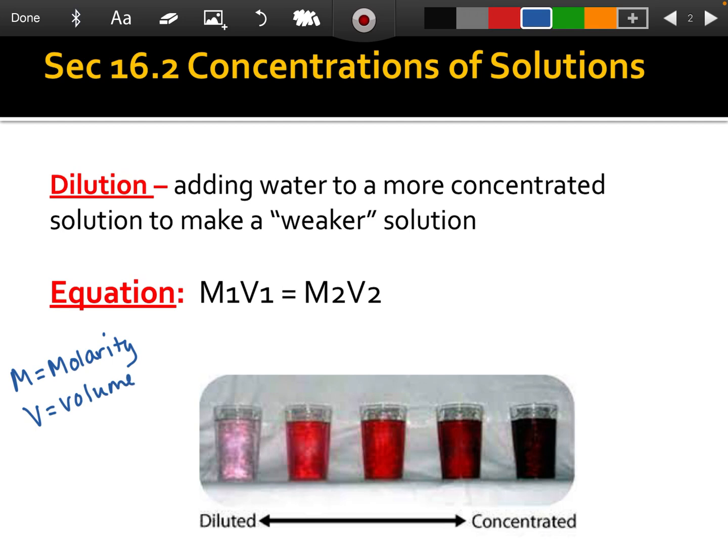To keep M1V1 and M2V2 separate, one side is going to be your stronger or more concentrated solution, and the other side, M2V2 for example, is going to be your weaker solution. Remember, the weaker solution means a lower molarity value. The higher the molarity value, the stronger and more concentrated the solution is.